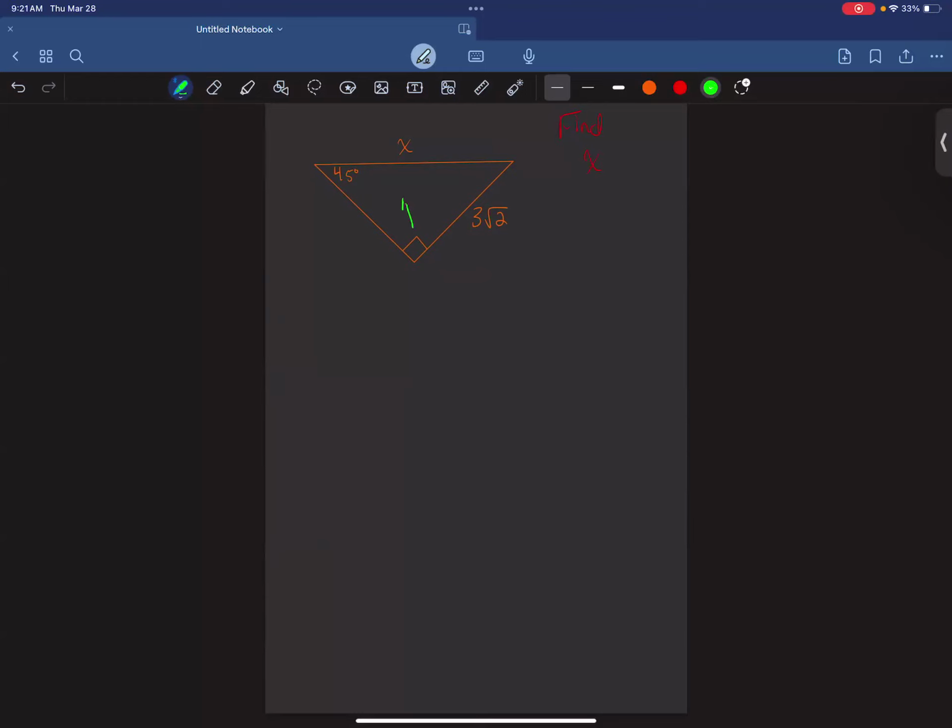We know our hypotenuse is X. We know our opposite is 3 square root of 2, and we know our angle. So when you're dealing with SOHCAHTOA, which one of these are we given enough information for? We have the hypotenuse and we have the opposite. Automatically, I know I'm dealing with a sine problem. Okay? So let's fill in what we know.